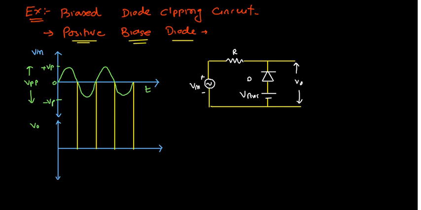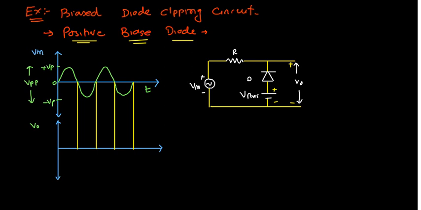Over here I have written positive bias. So positive bias means this is plus, this is minus. Same way, this is plus, this is minus. So the upper terminals of the bias voltage are on the same side, and the lower terminals have similar polarity. That is why this one is a positive bias.